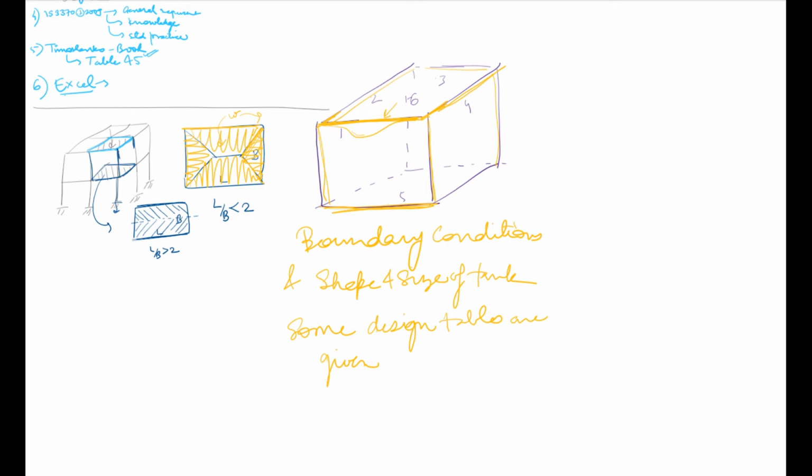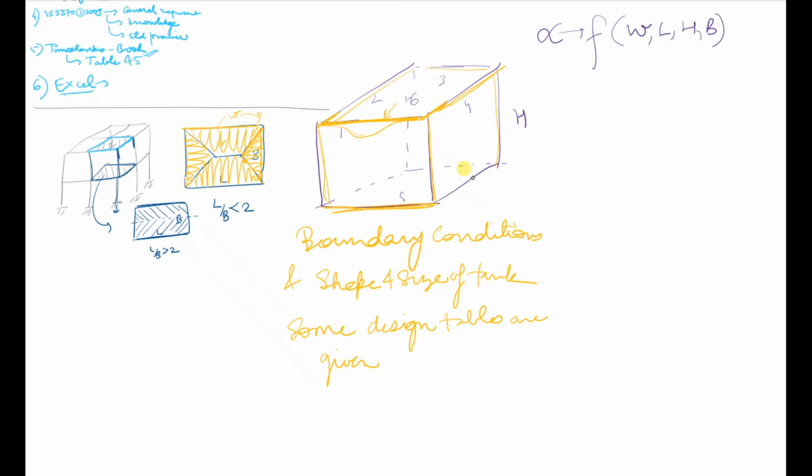These design tables give the coefficients of moments at different locations in a tank. What are these coefficients? These coefficients are multiplied by a certain factor alpha. Alpha is a function of type of load intensity, water load, soil load, and shape and size of the tank.